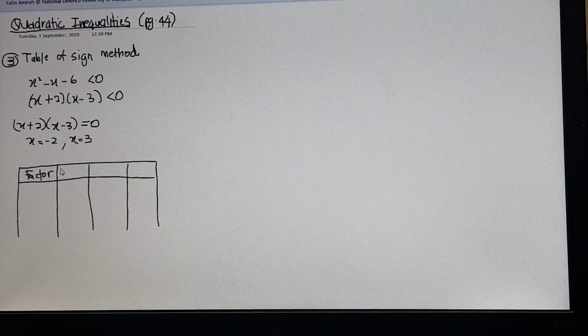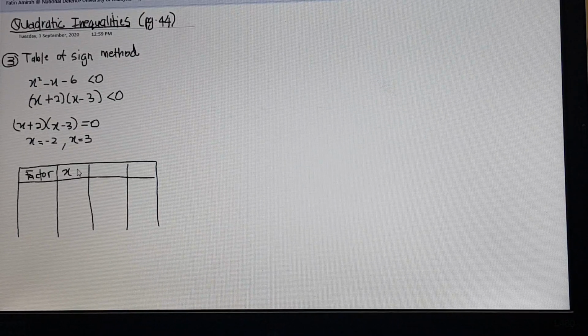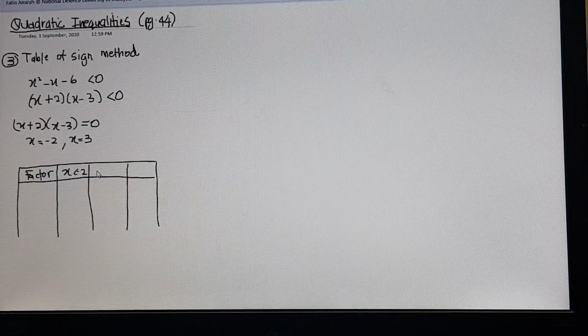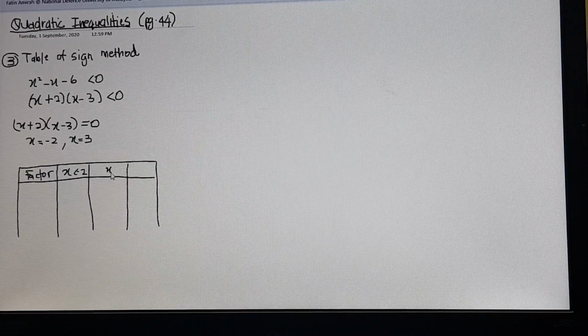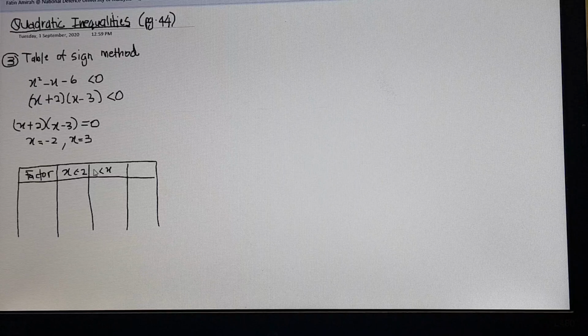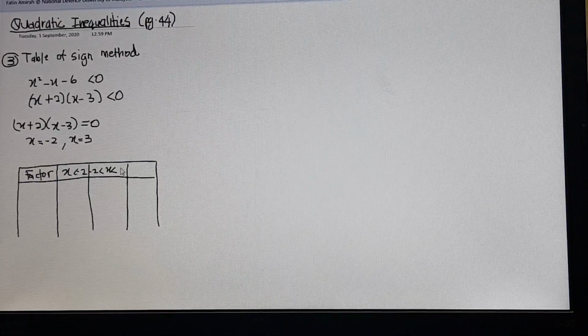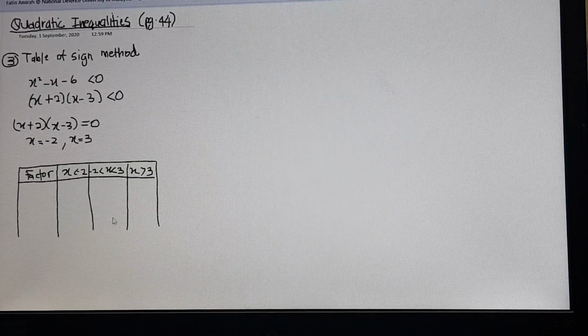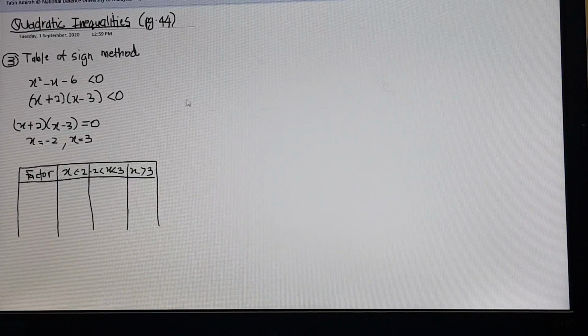So you have here x less than negative 2. Here you have x between negative 2 and 3. And the last column, x greater than 3. So you divide into 3 parts as on a real number line.